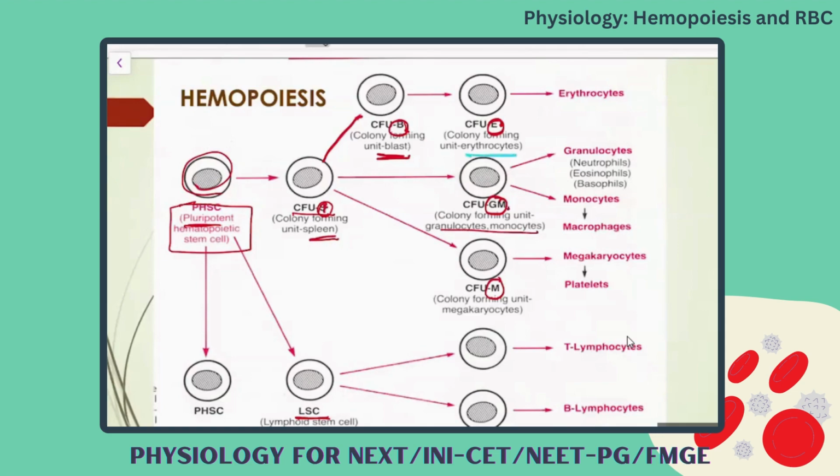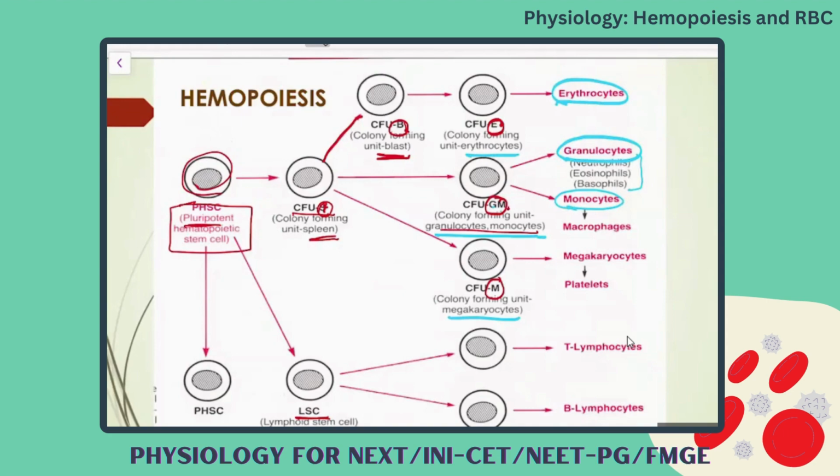See, this is for erythrocytes, this is for granulocytes and monocytes, GM, and M is for megakaryocytes. So erythrocytes give rise to RBC, G gives rise to the granulocytes, M gives rise to the monocytes. In the granulocytes, you have eosinophils, basophils and neutrophils, which contain the granules.